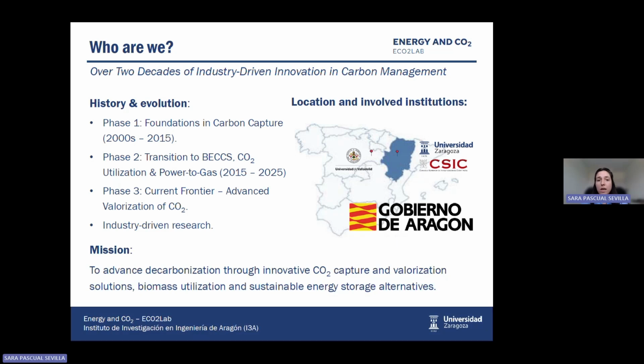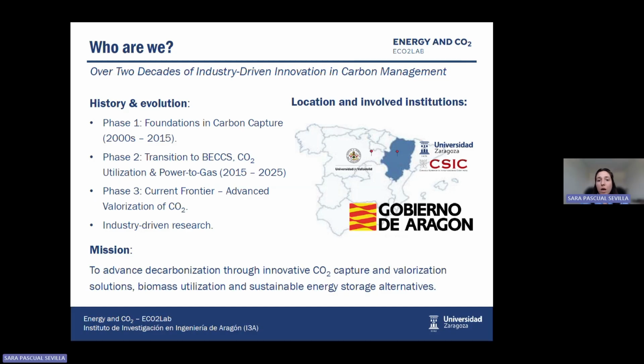The second phase, between 2050 and 2025, represented a transition towards bioenergy carbon capture systems, CO2 utilization, and also power to gas applications.